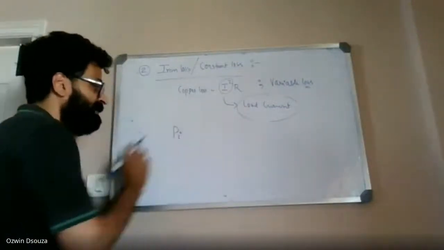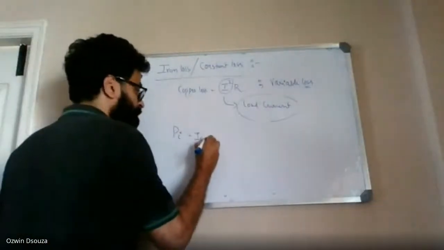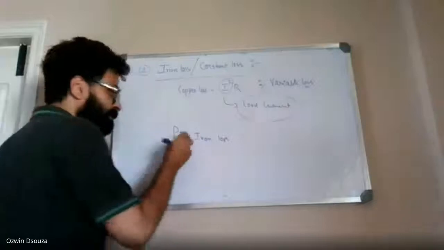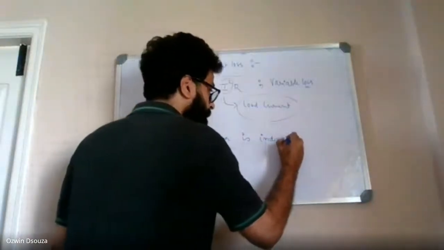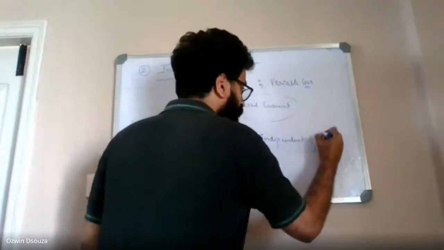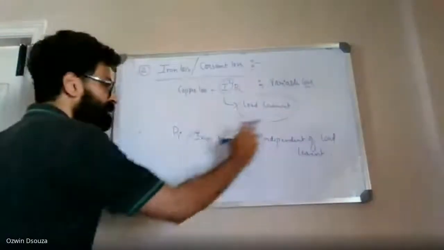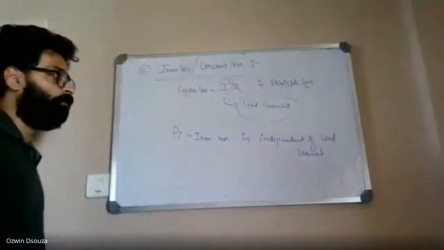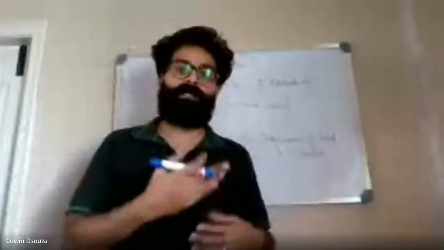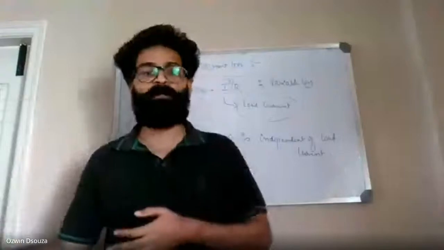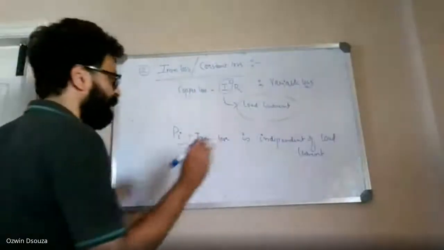When it comes to iron loss, in short, it is called PI. I stands for iron, P stands for power, iron loss. The iron loss is independent of load current. Since iron loss is independent of load current, whatever may be the load current value, it could be say 10% of the rated value or 90% of the rated value or 100% of the rated value, the iron loss will not change.